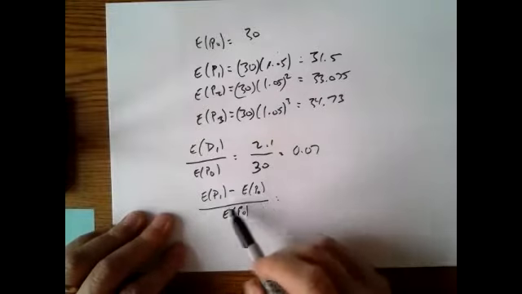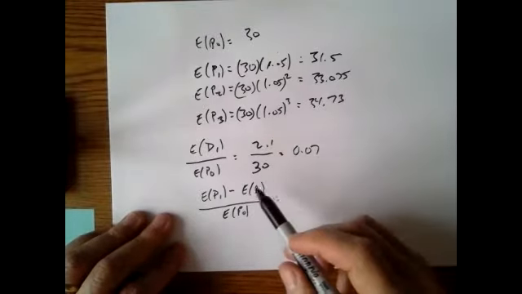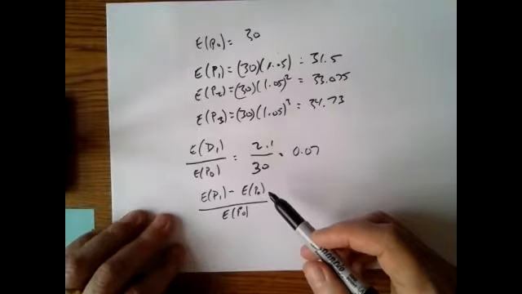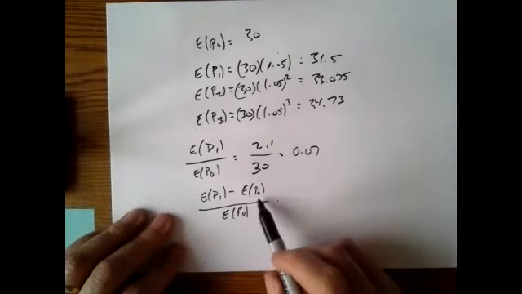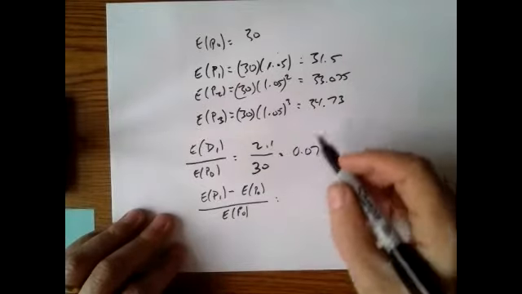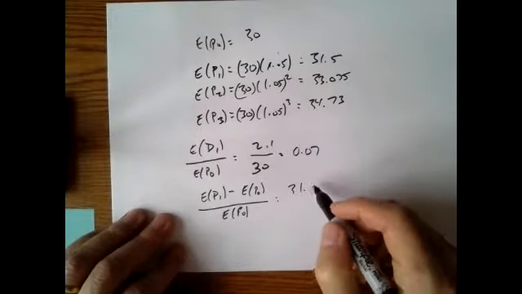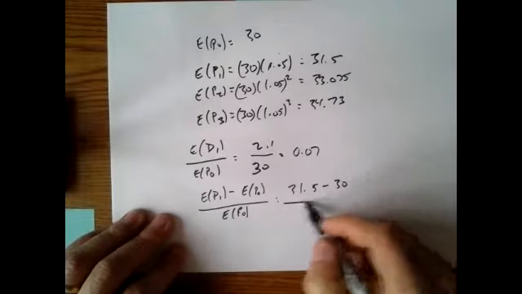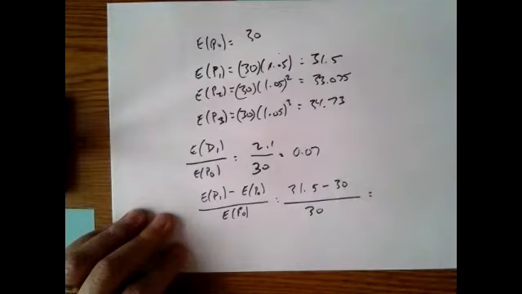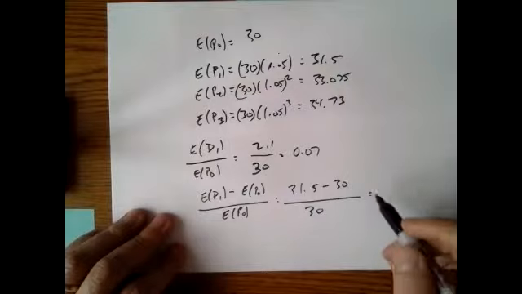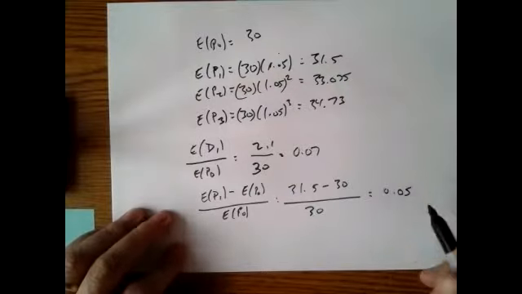Because that is the price gain, the percent of the price gain over the year. So we're moving from P0 to P1. So that's 31.5 minus 30 divided by 30, which gives us 1.5 over 30, and that gives us 0.05.